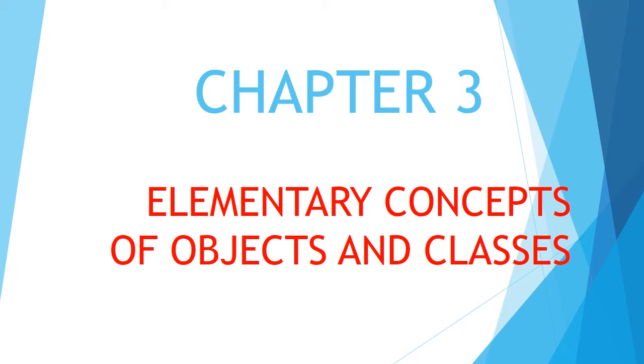What is its behavior? It is juicy and its taste is sweet and sour. Its state can be, for a specific case, half eaten. In this way you can say that an orange is an object. Orange is an example of an object.